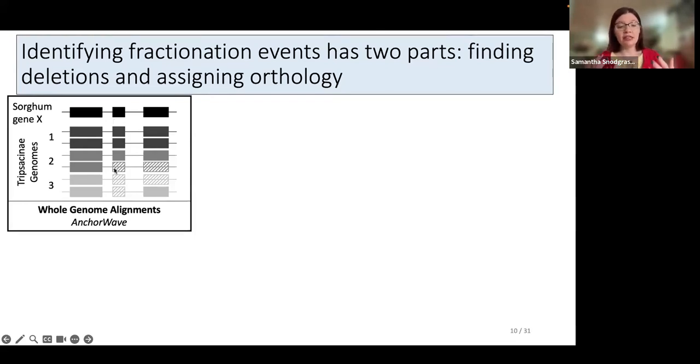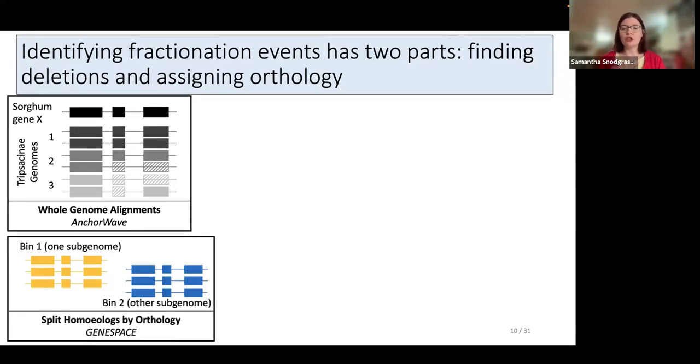If a deletion is identified, I'm using these lines to indicate that that exon has been lost. And so here we have a couple of deletions identified for exon 2 and exon 3.